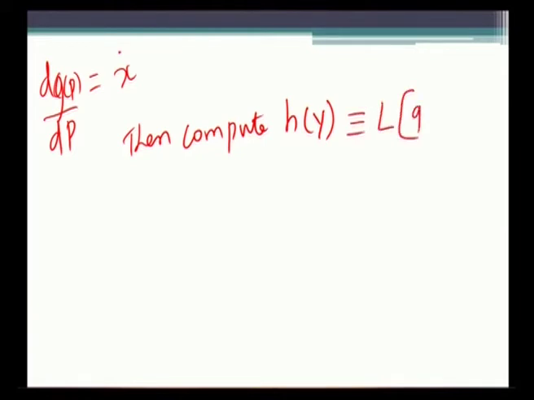Then compute h of y, which is identically equal to the Lagrangian of this g of p.